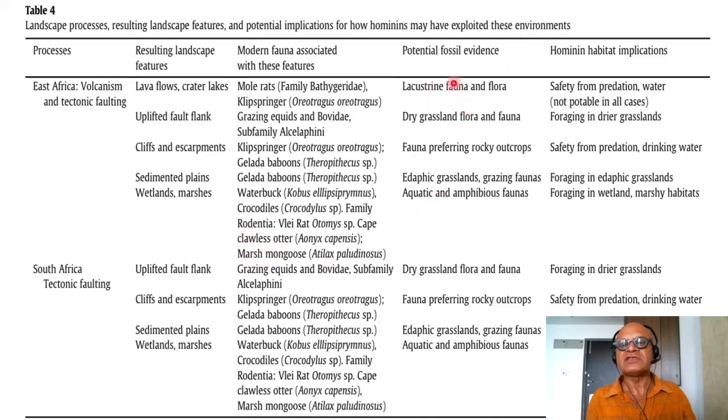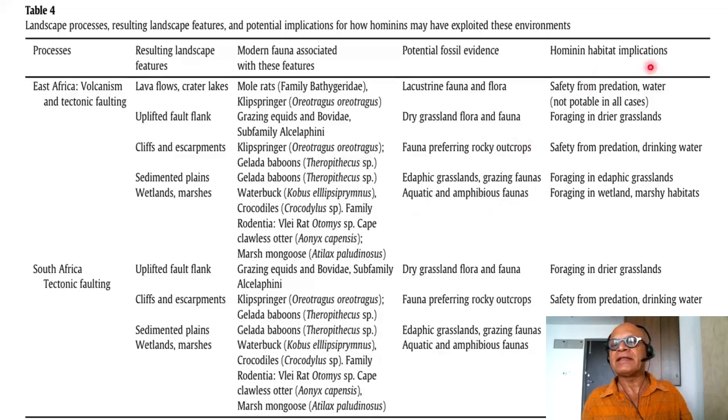And the potential fossil evidence include lacustrine fauna. Lacustrine is lake-based. Fauna and flora, dry grassland flora and fauna. Fauna preferring rocky outcrops. Edaphic grasslands, grazing faunas, aquatic and amphibious faunas.